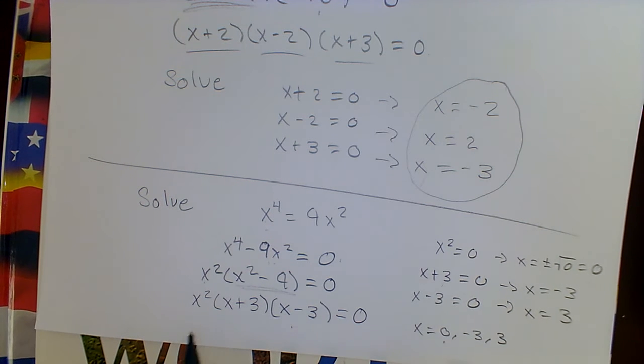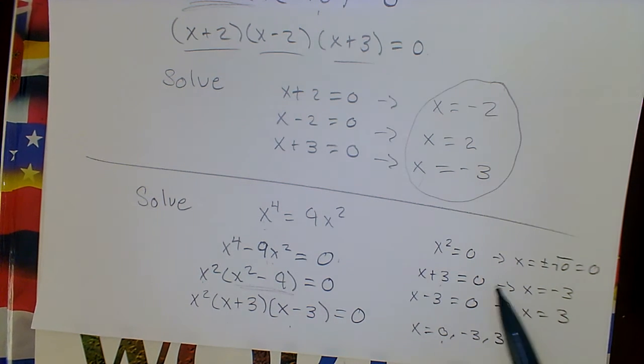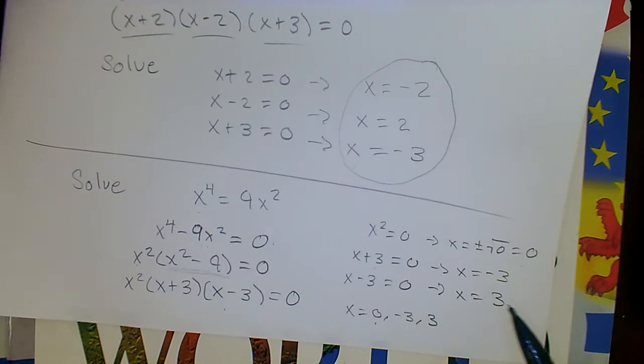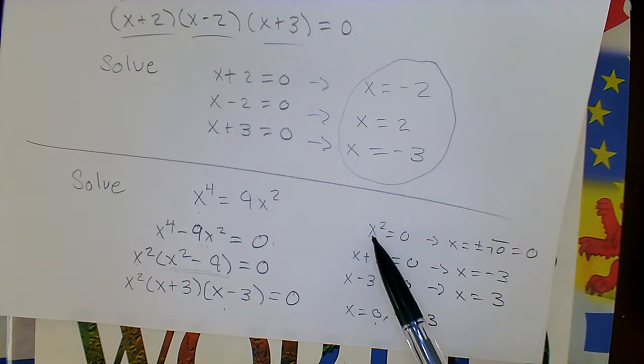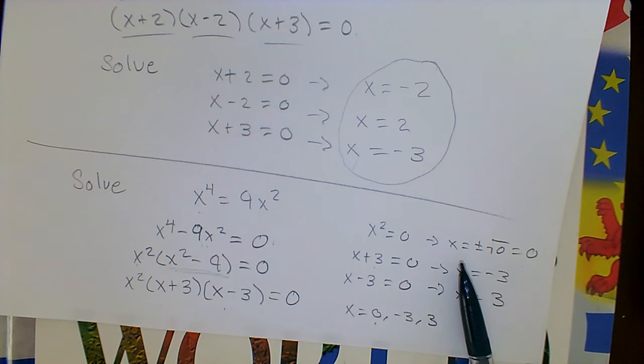So now we have x squared times x plus 3 times x minus 3 is equal to 0. Now we take each of these irreducible factors and solve them separately. So x squared equals 0. You would then take the square root of both sides.